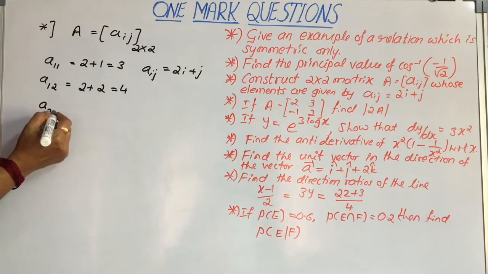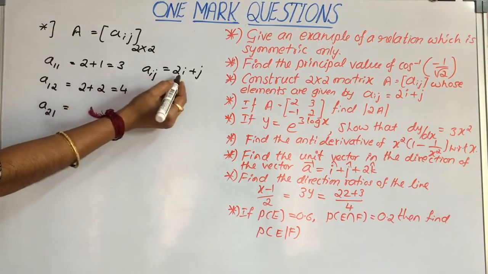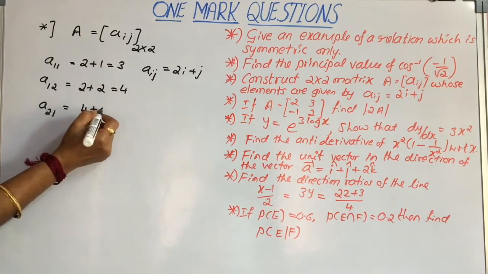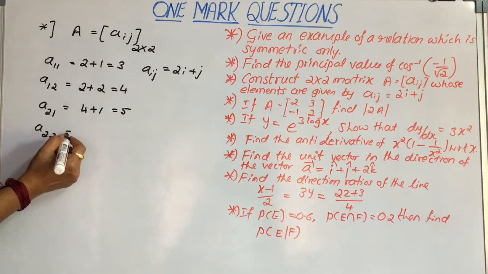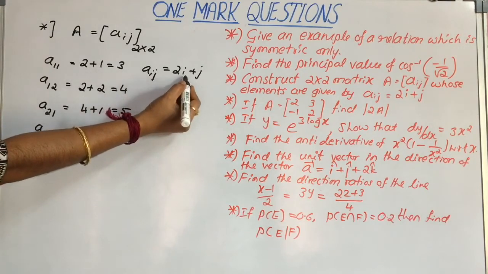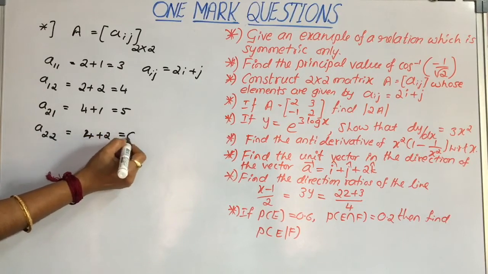Consider A21. i is 2 now, j is 1. So 2 into 2, 4 plus 1, that is 5. And finally, let us consider A22. i is 2, j is 2. So 2 2s are 4 plus 2, that is 6.